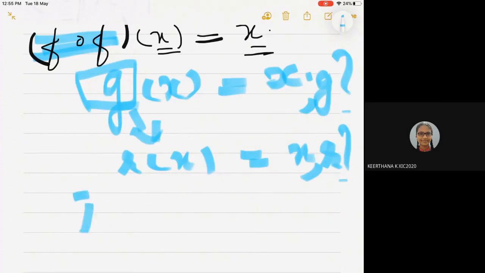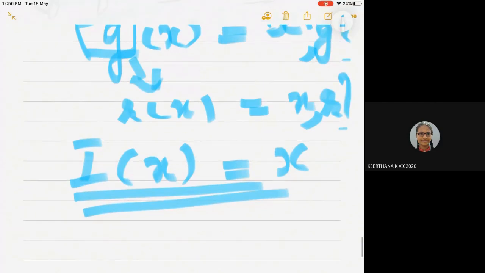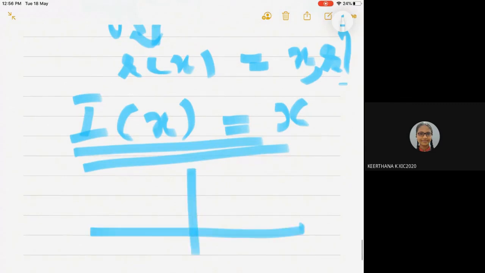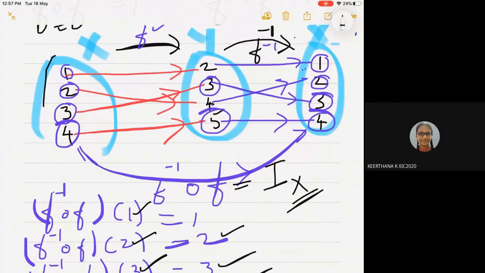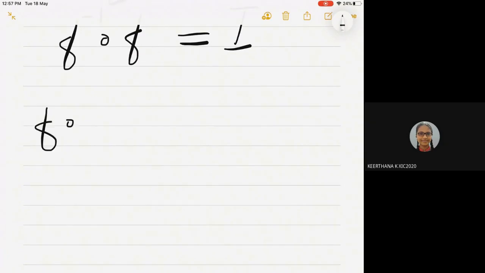It is the identity function, I of x equal to x. Right? Identity function means the image of x under the function is x itself. Then it is known as the identity function. And this is defined on the set x, meaning I is from x to x. Ix means the identity function. Similarly, you can show that f composition f inverse is also an identity function. That will be an identity function on y.